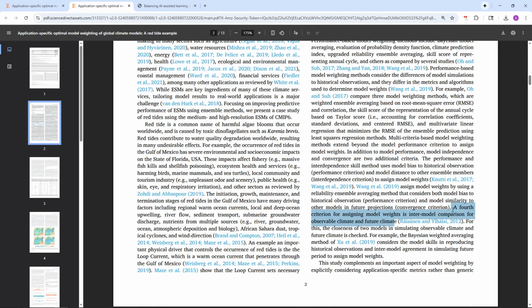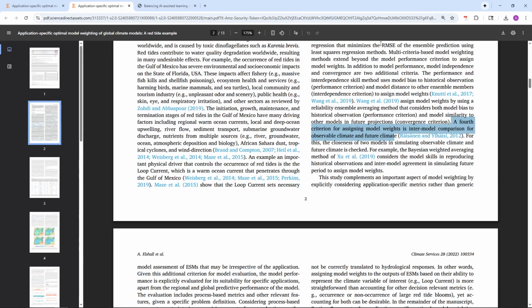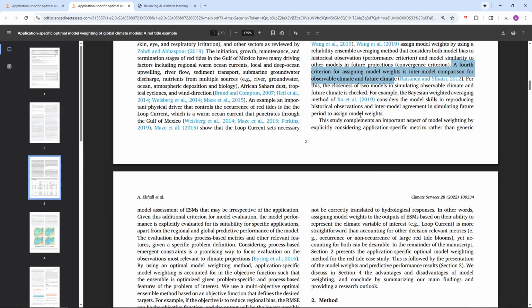Again, these details are not important, but what I want to show you is how I'm doing this: not just listing that this study did this and that study did that, but putting it in a logical order, like four criteria. After these four criteria, this study complements an important aspect of model weighting by explicitly considering application-specific metrics rather than generic model assessment.